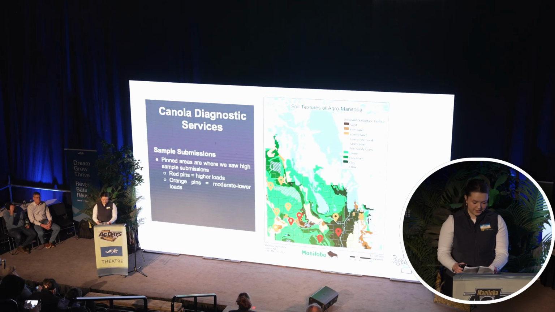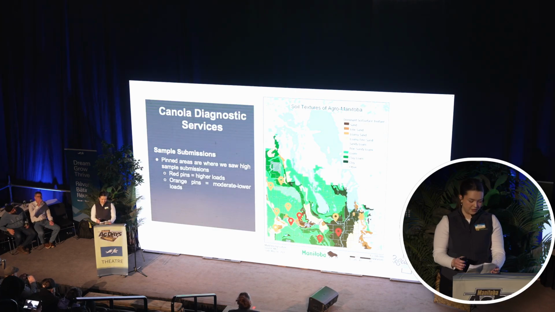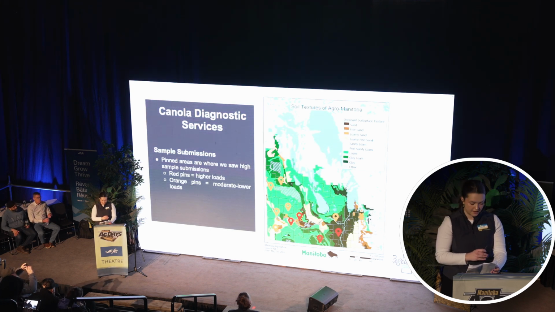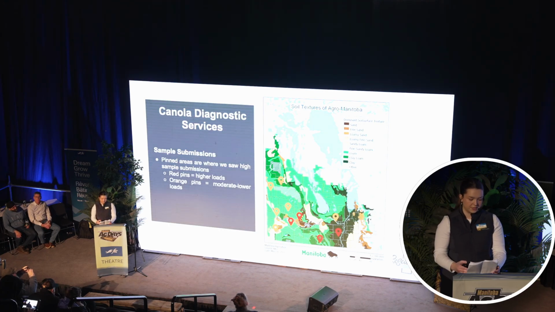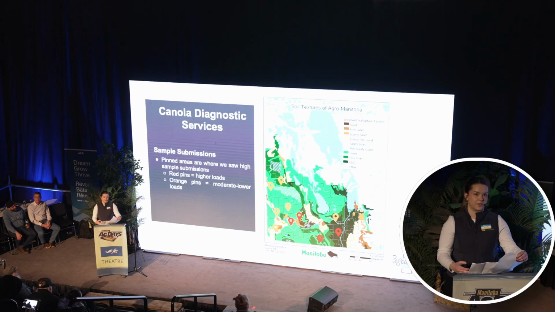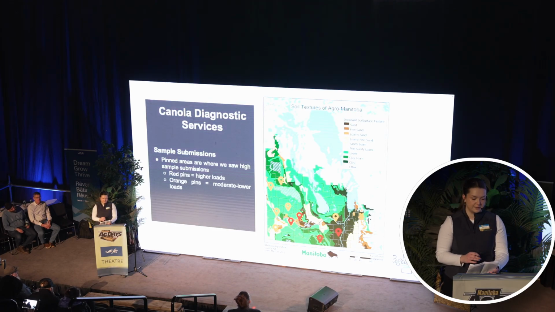So this graphic outlines just some of the areas of Manitoba where higher amounts of sample submissions come in from. The red colored pins are areas with higher loads of verticillium, and the orange colored pins were still areas with high sample submissions, but had moderate to lower loads of verticillium.